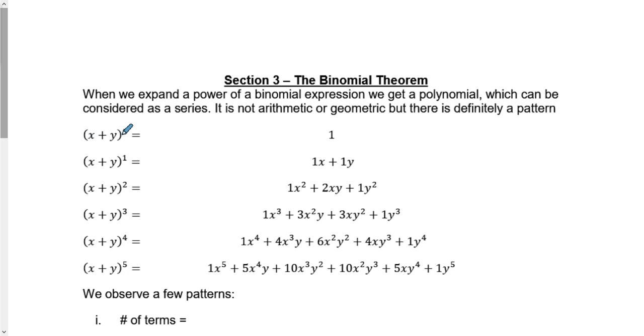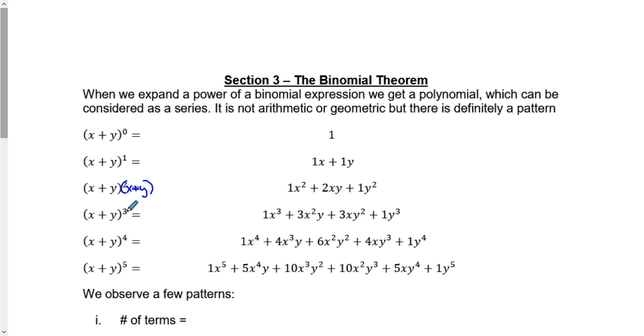For example, x plus y to the power 0, well, anything to the power 0 is just going to be 1. If you have x plus y to the power of 1, you're just going to have x plus y, or 1x plus 1y. X plus y squared would become x plus y multiplied by x plus y. And distributing everything out, you get 1x squared plus 2xy plus 1y squared.